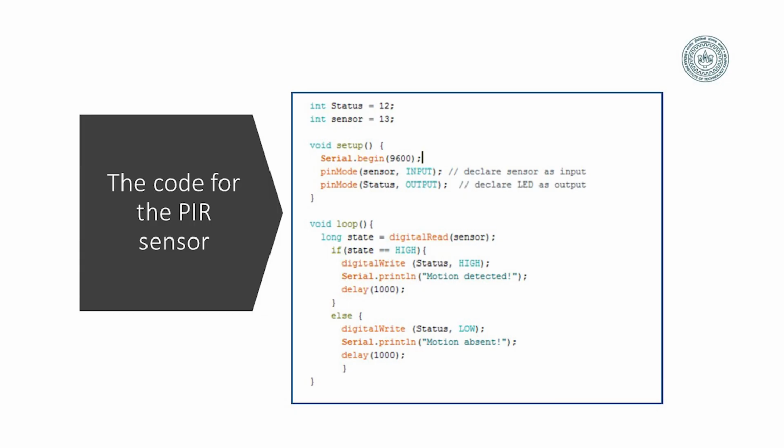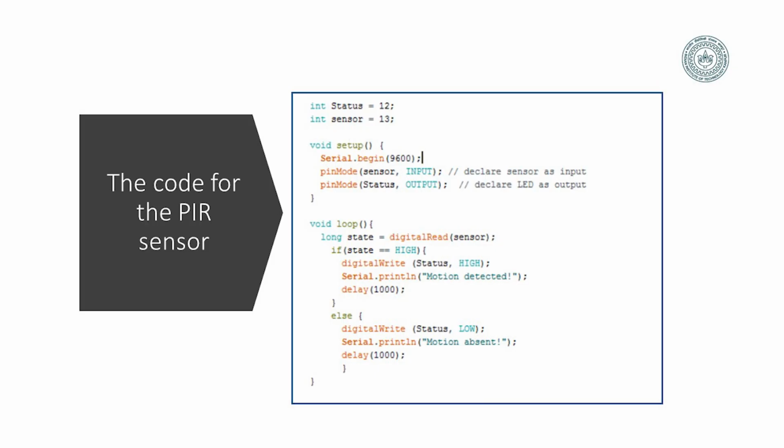So, we use two integer variables. One is to print the status to the LED. This is the pin where the LED is connected, and this is the pin where the sensor output is. Then you create a setup function and you set what is known as the baud rate, and for the PIR sensor attached to the ESP8266, it is 9600.